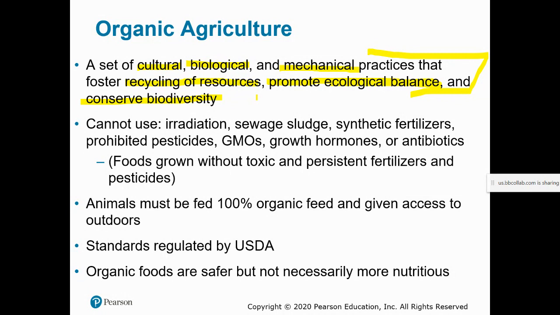So organic agriculture acknowledges that and tries to take into consideration the fact that we can't just look at the cow, or just look at the chicken, or just look at the pig, or just look at the tomato and the glyphosate. We actually have to look at these things in the context of the environment at large, again, of which humans are a part.